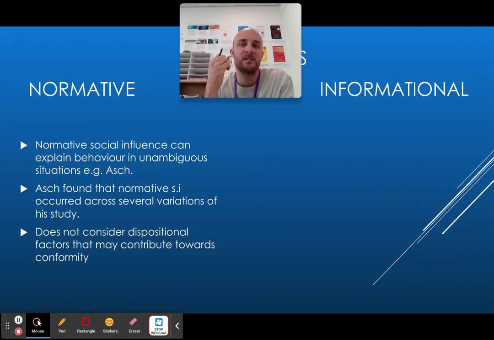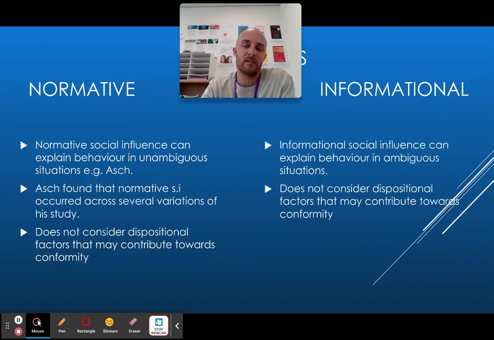There's no personality trait, there's no brain region or anything like that. These theories are too focused on the situational explanations. The weaknesses are actually quite similar for normative and informational. I'm hoping in the coming weeks and months I'm going to sit down and properly thrash out better evaluations, but these are probably the best ones to work with at the minute.